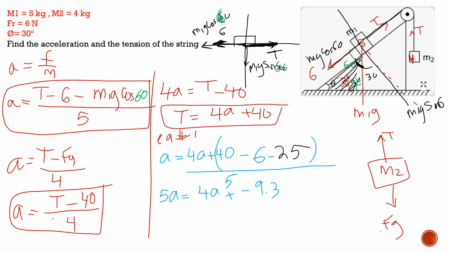So now 40 minus 6 minus 25, it is positive 9. So for A, plus 9 over 5.